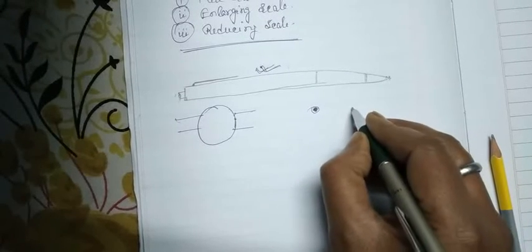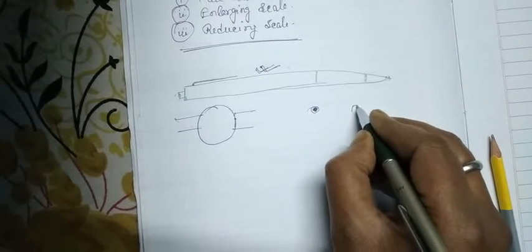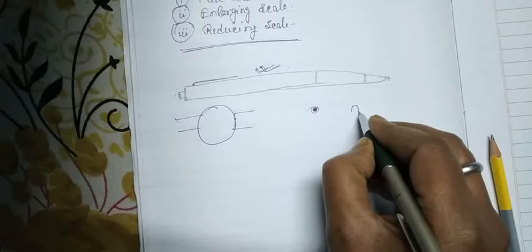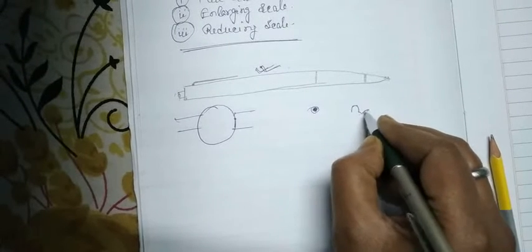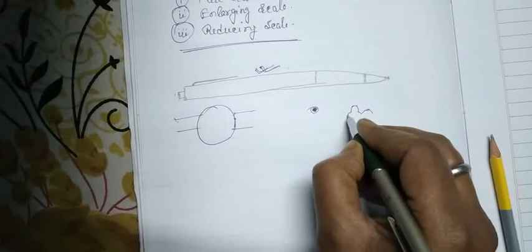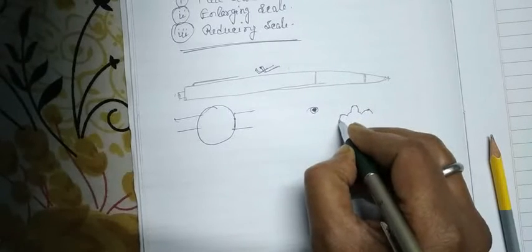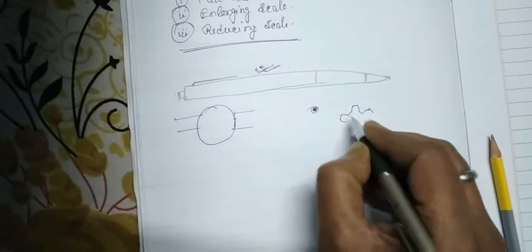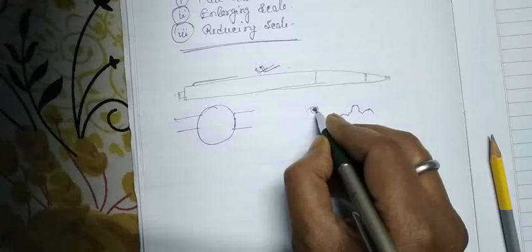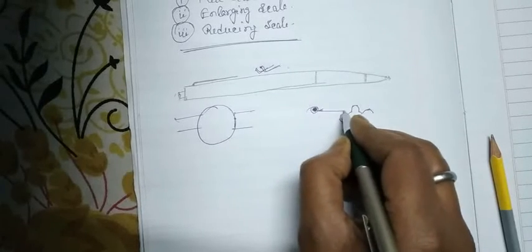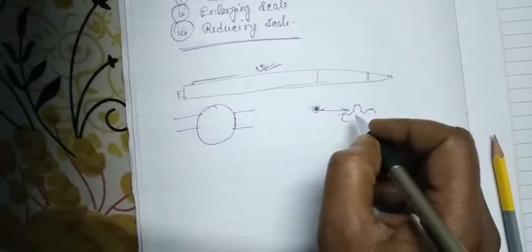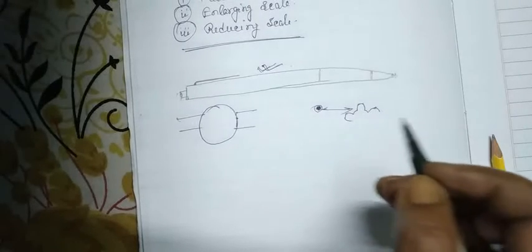Suppose this is a gear, this is the size of the gear, then we can understand the size of the gear of the wristwatch. We draw this small gear here, meaning we are enlarging the gear.